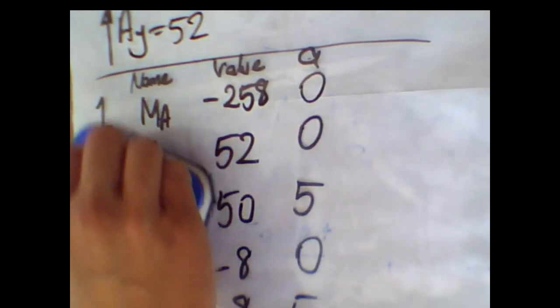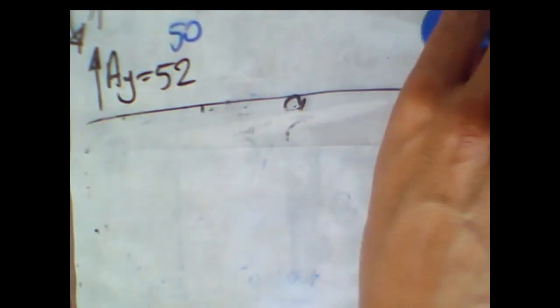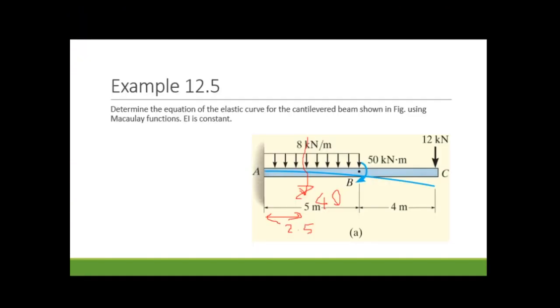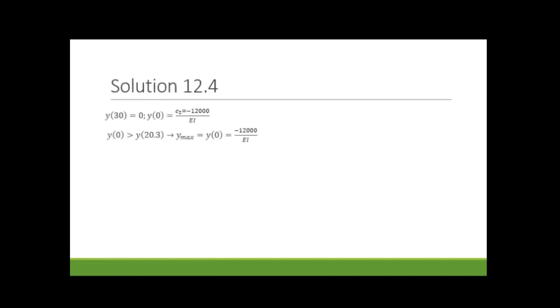Okay, so I want to write the moments by using these relations. By using the Macaulay function table, I think I can go and look at it like that. M of x is equal to, and I want to go back to the table. I give up, I change my decision.